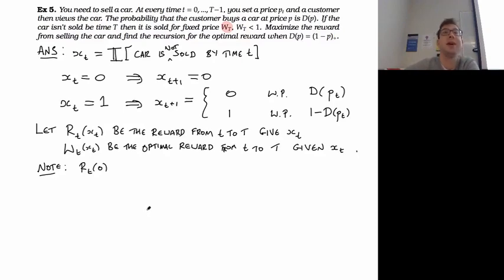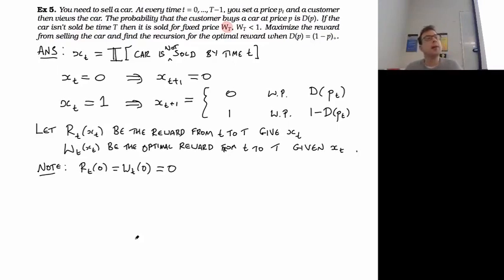Already made my money. So the values that we're only interested in are the R_t(1) and W_t(1) values.